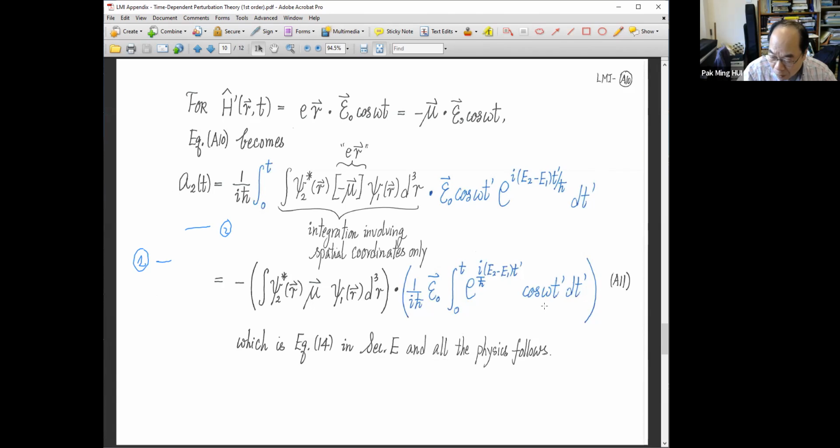Or the formula works also for a final state that is below the initial state, in which case it will be an emission. So up to now, our formula works for both stimulated absorption and stimulated emission. So that is what we did last time.